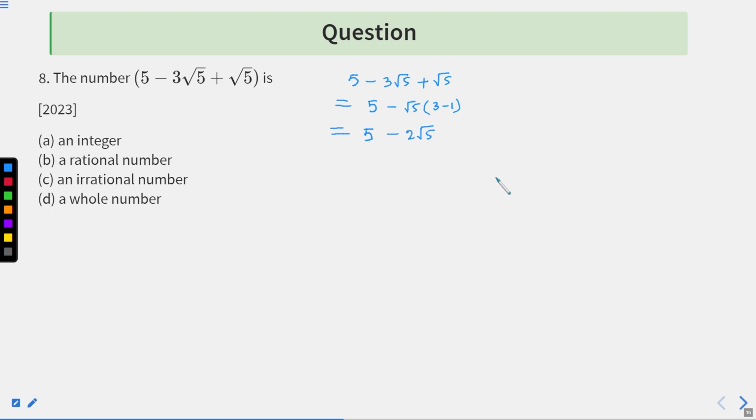Our claim is that 5 minus 2 root 5 is an irrational number.